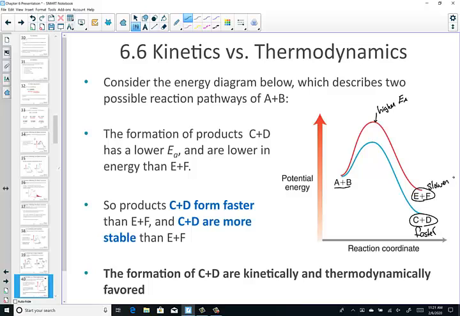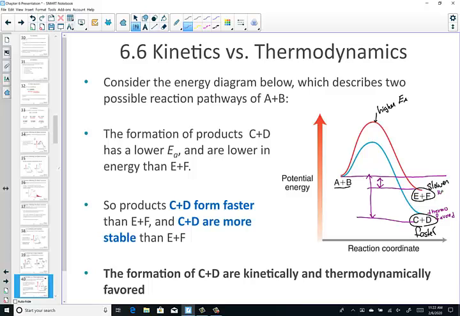Now consider what's happening in terms of the thermodynamics. I want to compare the starting amount of energy to the ending amount of energy. So E and F really didn't change too much, whereas C and D had a significant lowering of energy. So these are going to be thermodynamically favored. They're of lower energy.